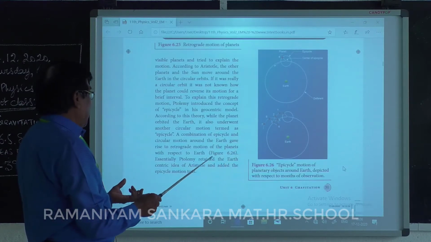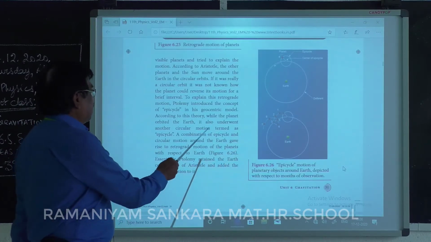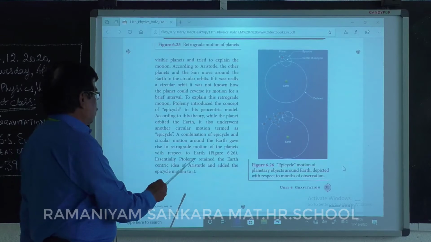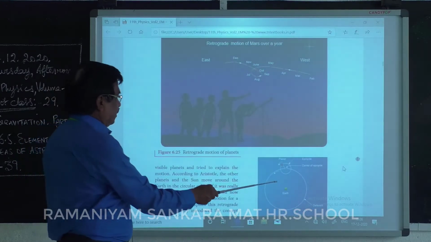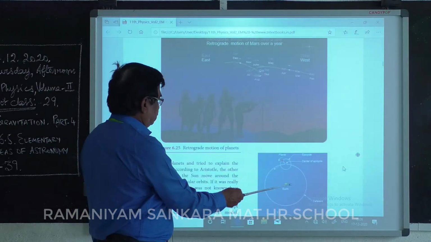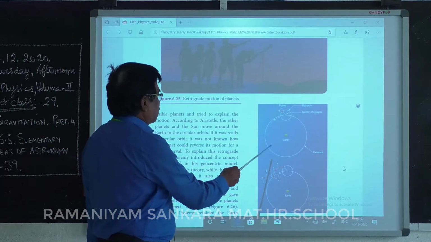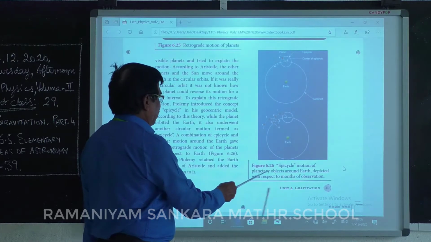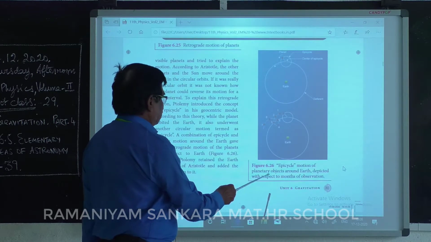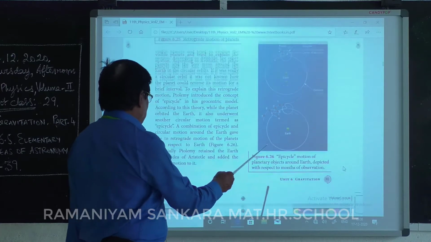Essentially Ptolemy retained the earth here in this diagram, with the center of the epicycle moving around it, and the epicycle motion of planetary motion around the earth depicted with respect to months of observation.